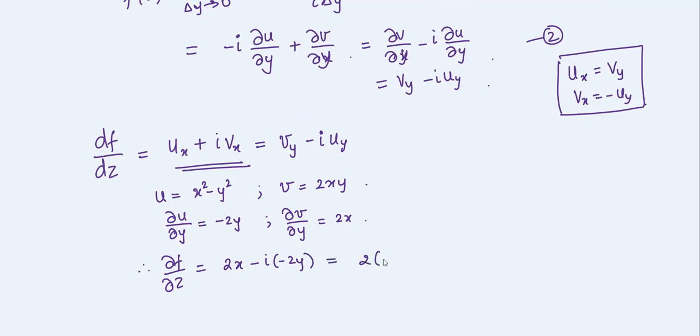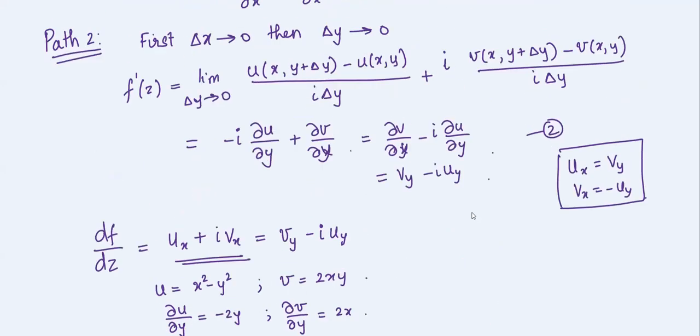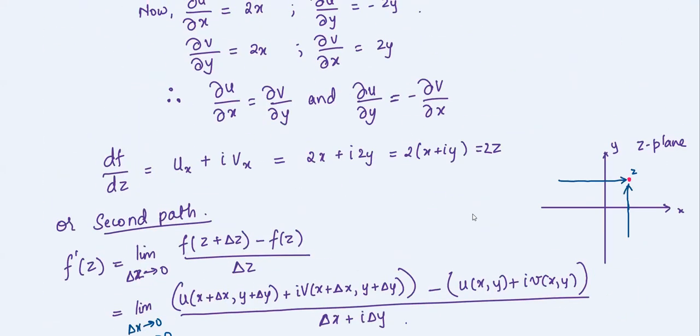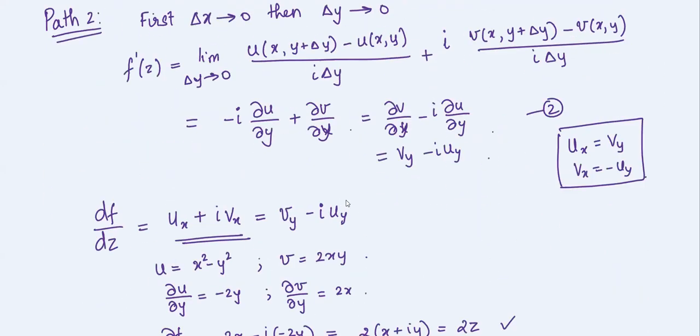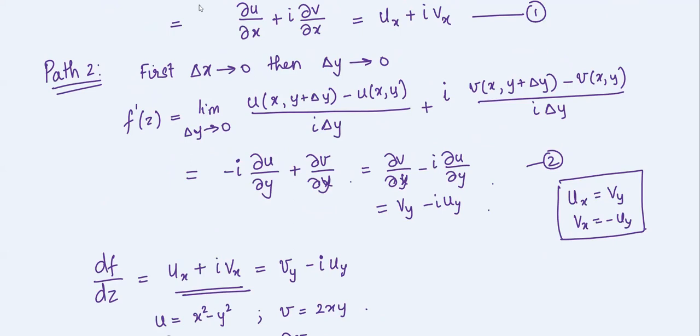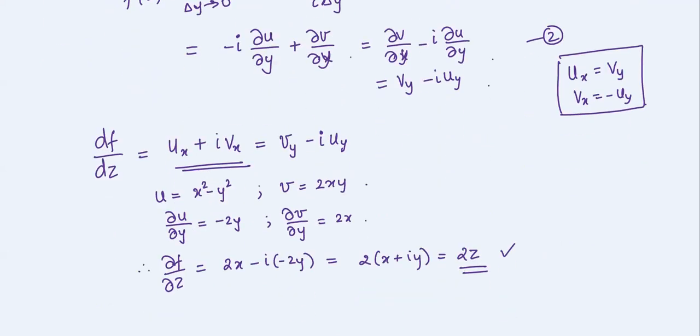So you get twice of x plus iy, which is again 2z. So either by this way or the first way, we get the derivative. So remember this part. This is the critical part.